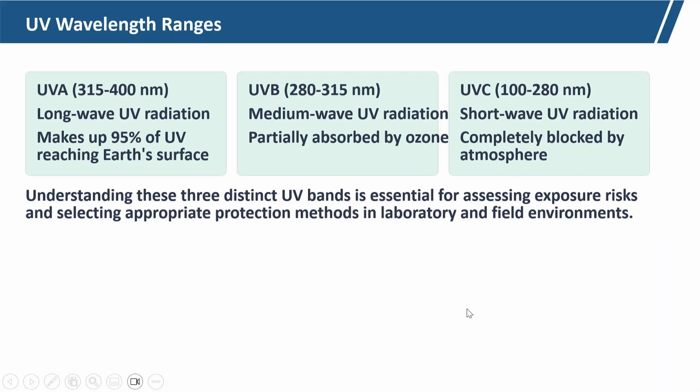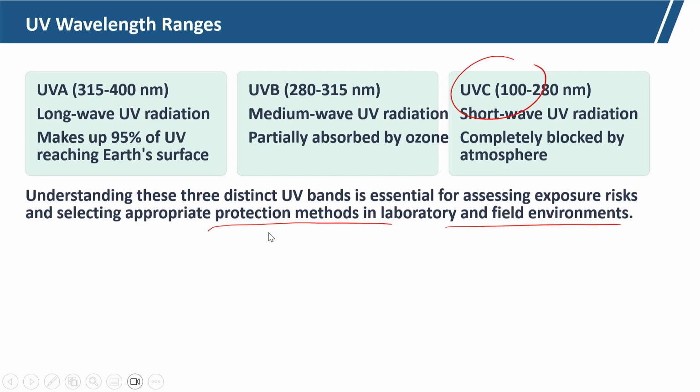So, understanding these three distinct UV types is essential for assessing the exposure risk and selecting appropriate protection methods in the laboratory and in the field environment. Proper understanding of these waves is important.